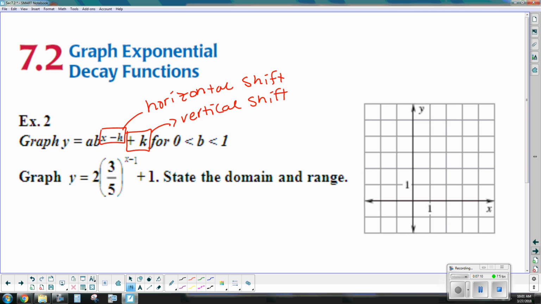So if you look at this function, our a is greater than 0, and our b is less than 1, but it's also greater than 0. So this function is exponential decay.